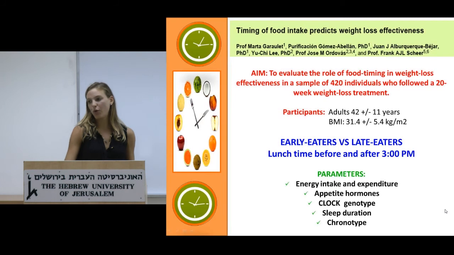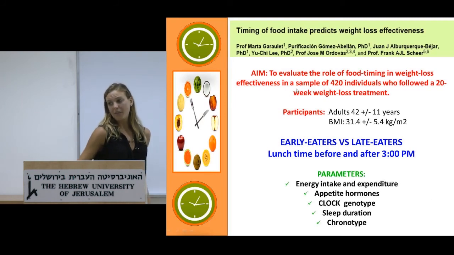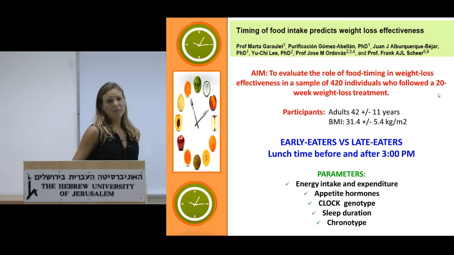Then I want to show you this second study, which was conducted in Spain. In Spain, the main meal time is lunch, so they wanted to evaluate having lunch early versus having lunch late, before 3 or after 3.